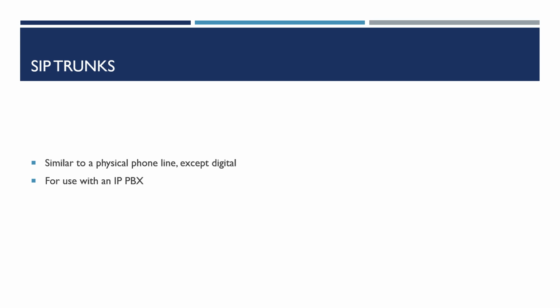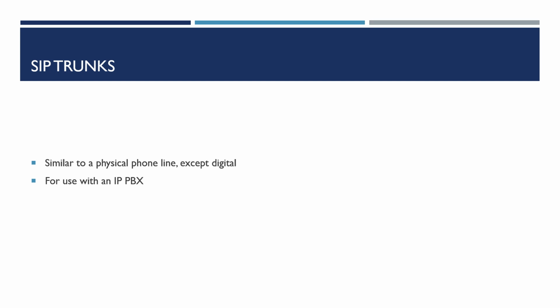So if you had a PBX on your premises, say there's a specific one you want that works with VoIP, it would be an IP PBX, and a SIP trunk would be what you would need to purchase to get it working, and that would allow you to make and receive calls externally from the local system you set up.